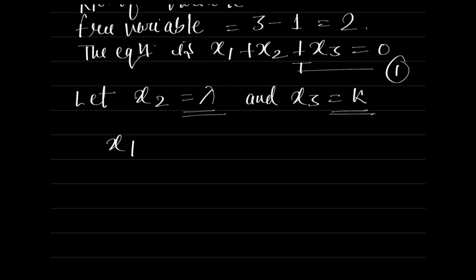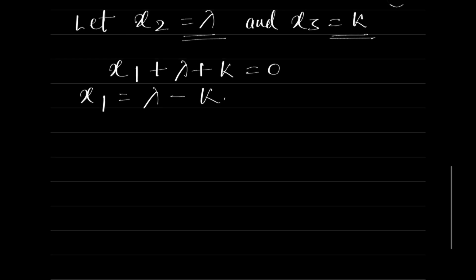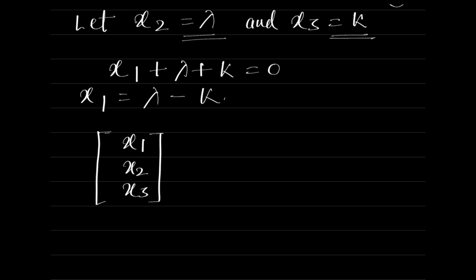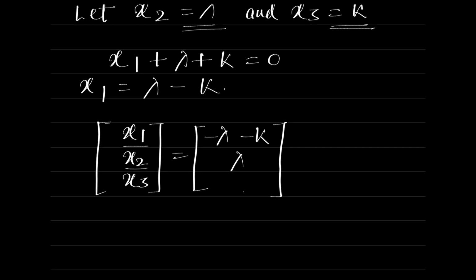Now from equation 1, x1 plus lambda plus k equals 0, then x1 will become minus lambda minus k. Now x1, x2, x3 will be equal to: x1 is minus lambda minus k, x2 is lambda, and x3 is k.